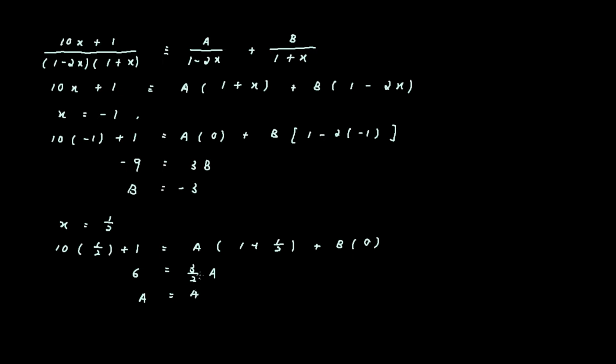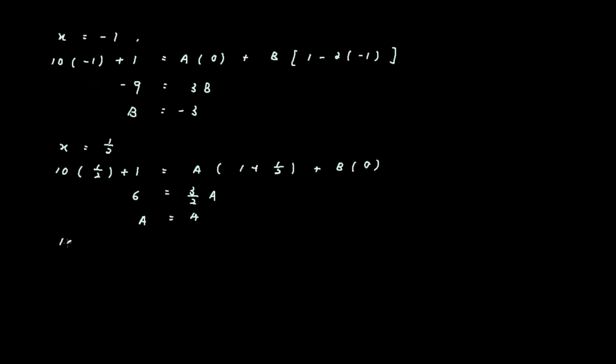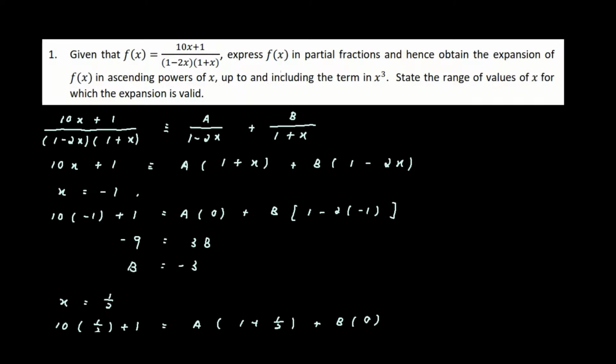Now you can rewrite your equation: (10x plus 1) over (1 minus 2x)(1 plus x) equals 4 over 1 minus 2x, plus negative 3 over 1 plus x. So you already did the first step, which is to express f(x) in partial fractions.